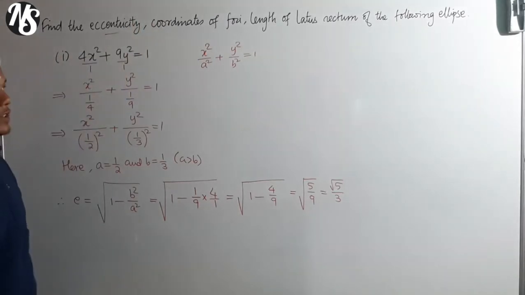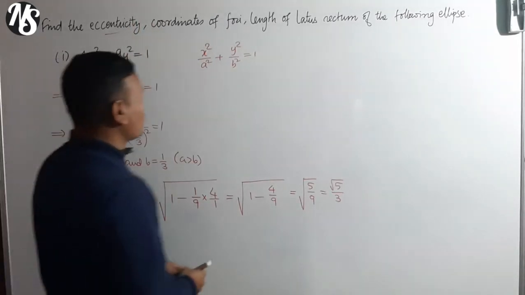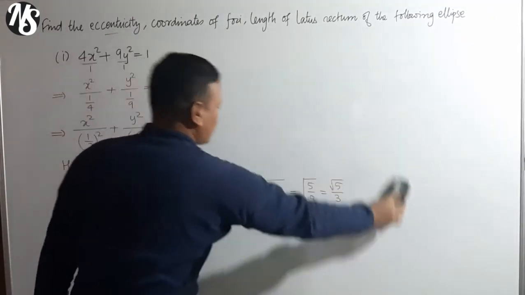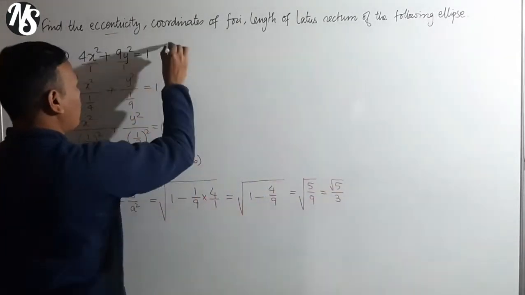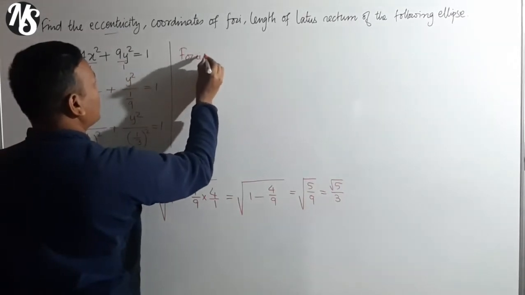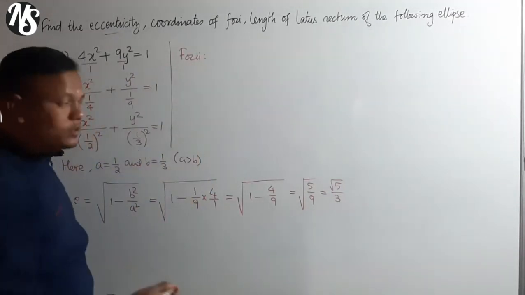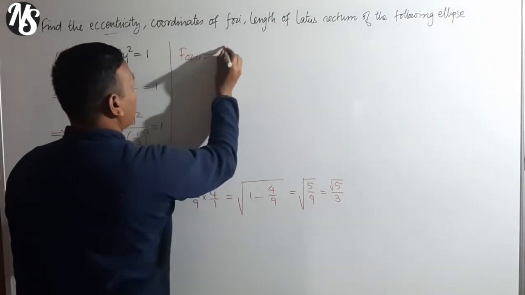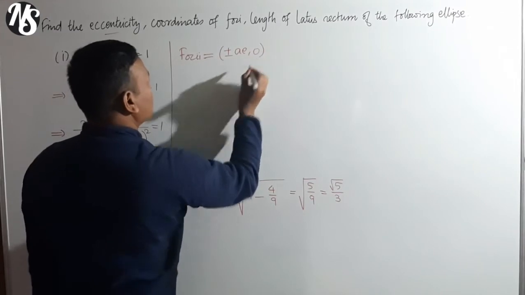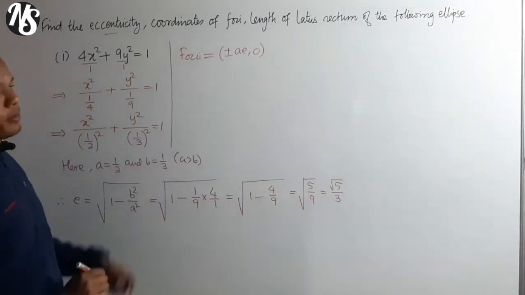Next is coordinates of foci. Okay, so let's find the coordinates of foci. So coordinates of foci is given by, if you look at the table, plus minus AE comma 0, isn't it? Yes. So let's put the value now.